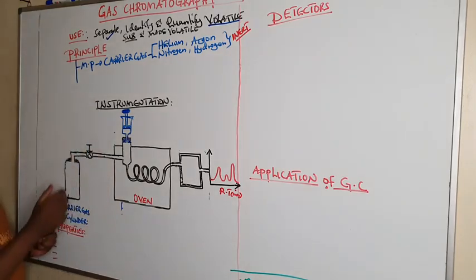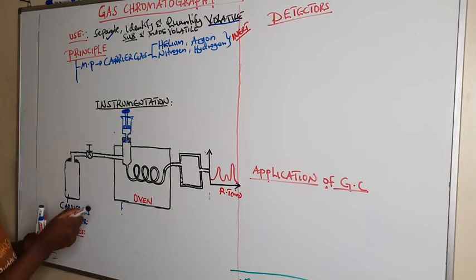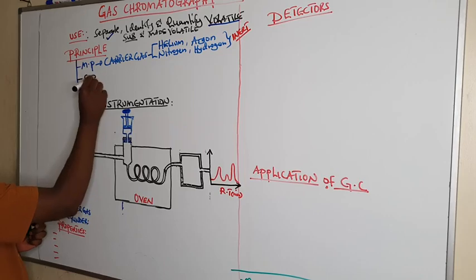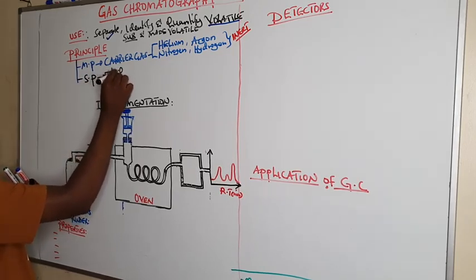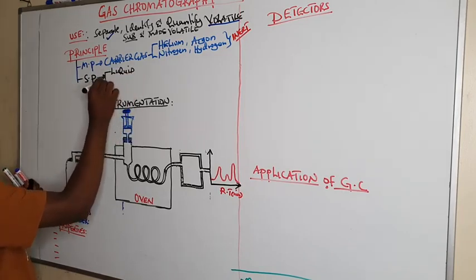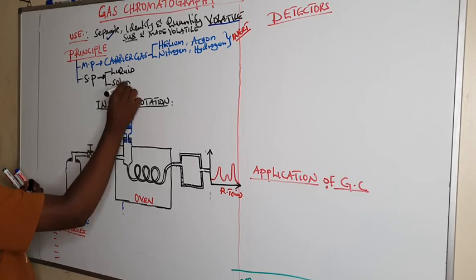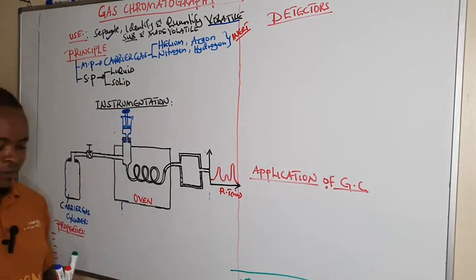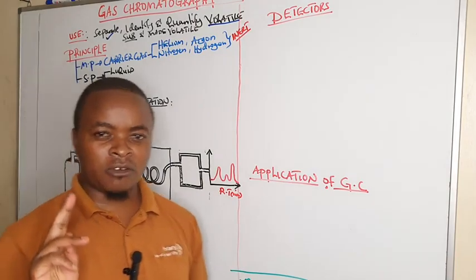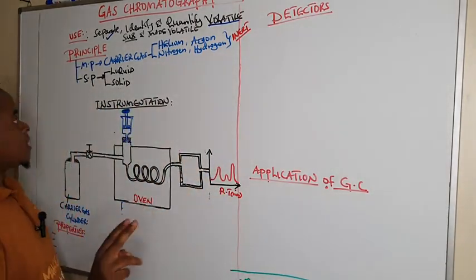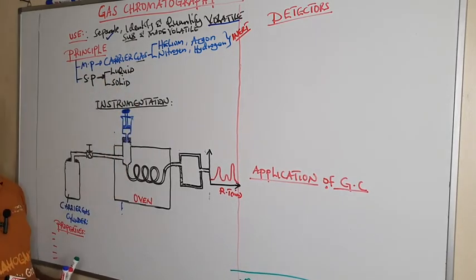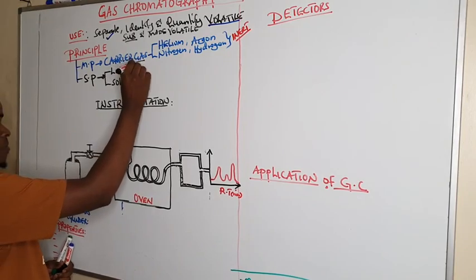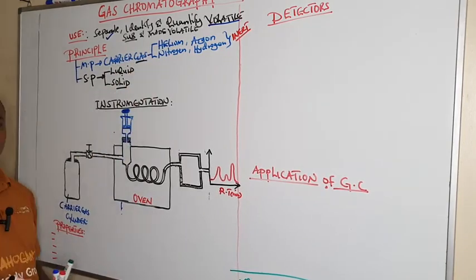So after knowing the mobile phase, the stationary phase under this gas chromatography can be a liquid, which is the most commonly used, or it can be a solid. That's why we shall find that gas chromatography is categorized into two: it can be gas liquid chromatography, or it can be gas solid chromatography.